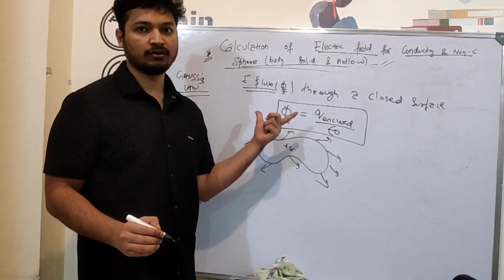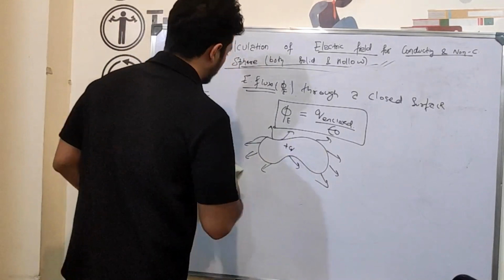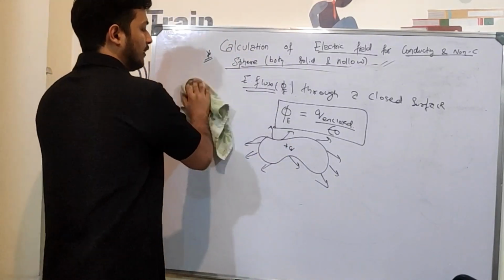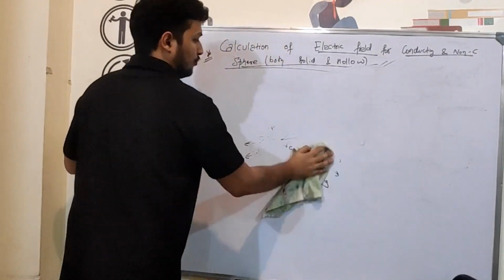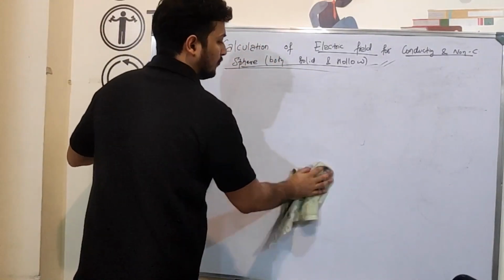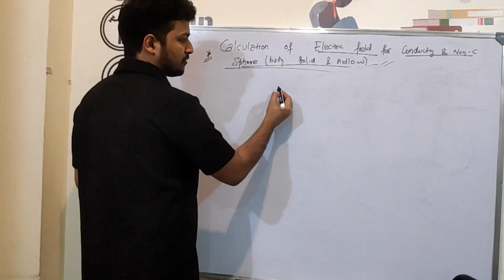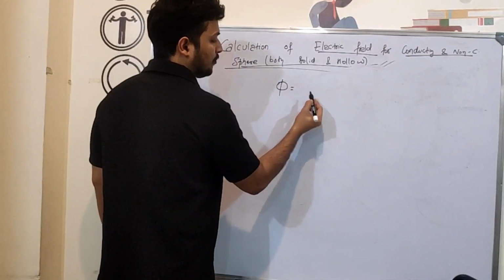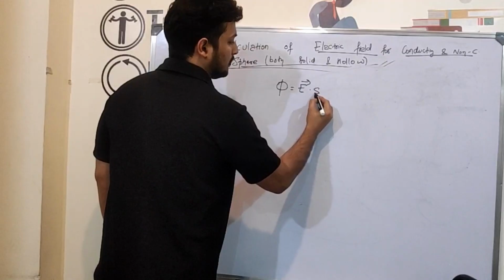Okay, let's go on to the calculation of electric field. One thing I missed is that flux will be equal to nothing but electric field multiplied by the surface area.